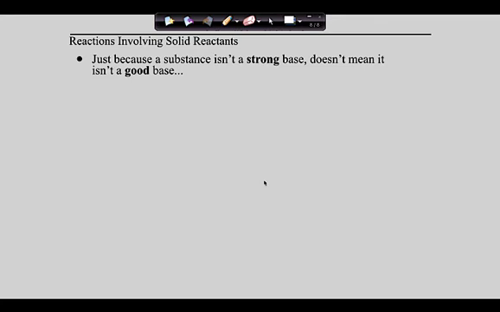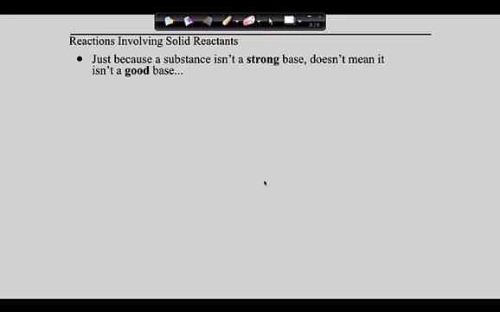Guys, some of the best bases on the planet are not strong bases. Ammonia's weak. Just because it isn't a strong base doesn't mean it isn't a good base. Write it down and we'll talk.